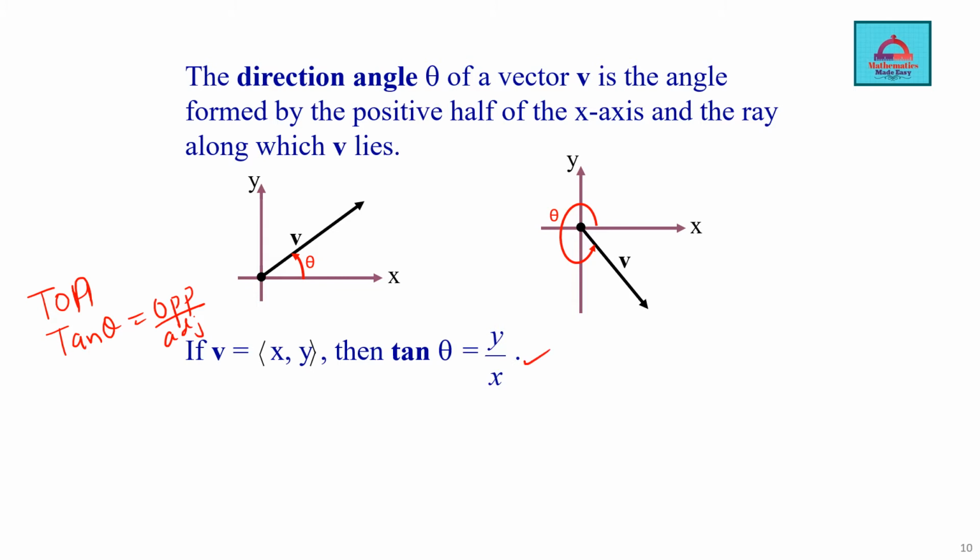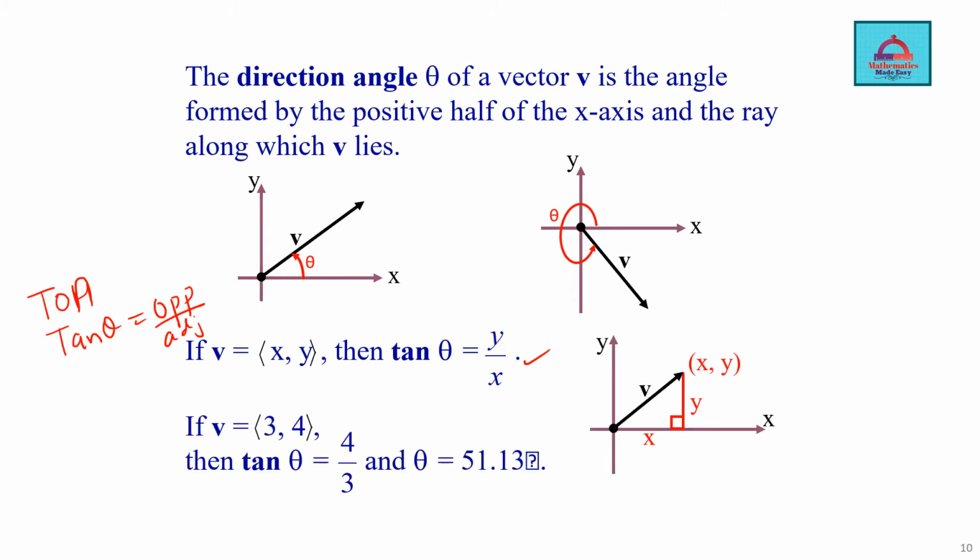So that's how you get y over x, and theta would be tan inverse of this. So if your vector is 3 comma 4, then tan theta is 4 by 3. So theta would be tan inverse of 4 by 3. You can use your calculator and this will come out to be roughly 51.13 degrees. Remember, here x is the horizontal and y is the vertical component for the vector v that we are taking.